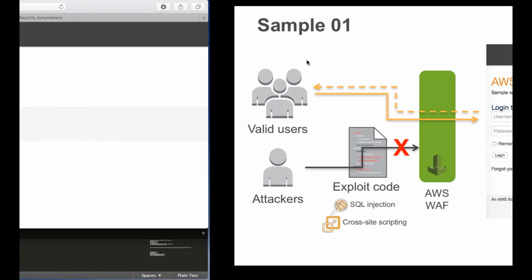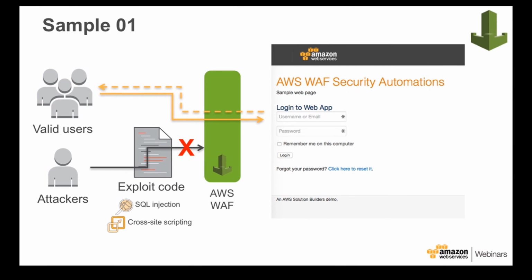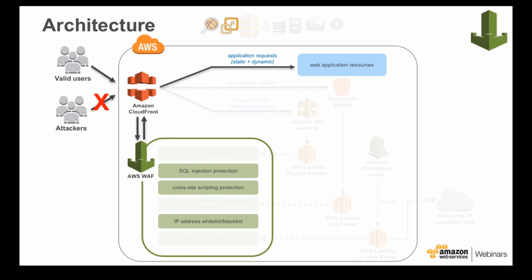Okay, if we go back to our architecture here, we're going to see that AWS WAF contains some rules that will inspect this kind of request and then block it for us. We also have space for manual tuning of how this protection should work, and we can whitelist or blacklist some IPs that we know are bad origins.